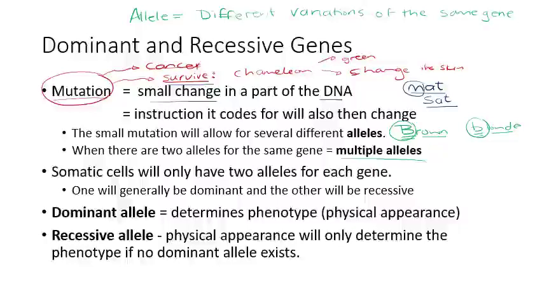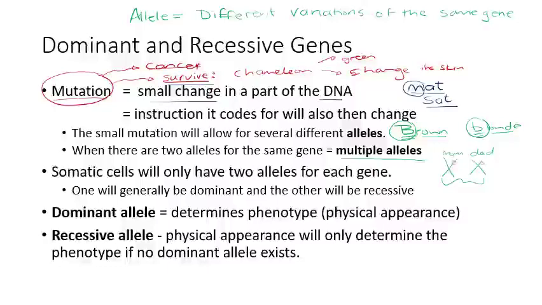We know that somatic cells will only have two alleles for each gene. Why do we know that? Because with our homologous pair of chromosomes, one is from mom and one is from dad, and each one has a specific section on it that could possibly code for your hair color.